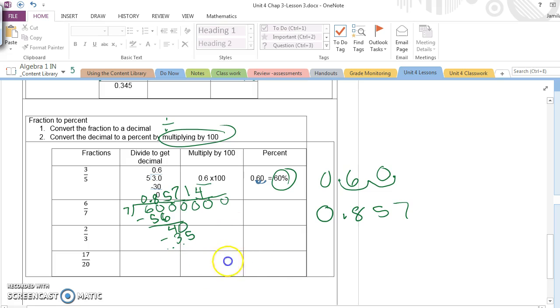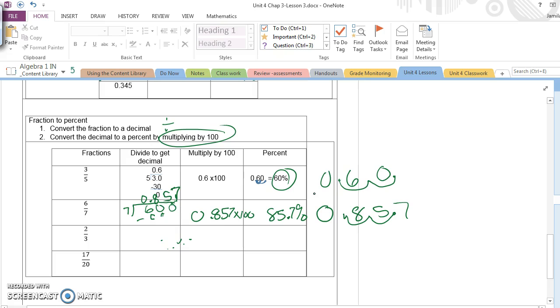Let me erase this so I have room. So 0.857 times 100. When we multiply by 100, you move your decimal 2 places to the right. So this is approximately 85.7%.